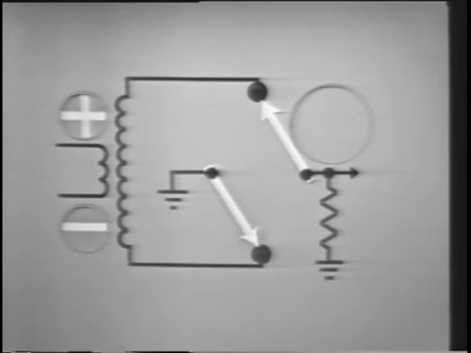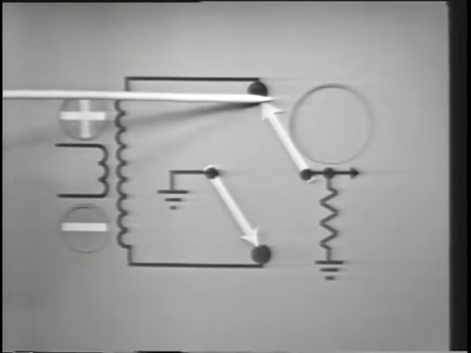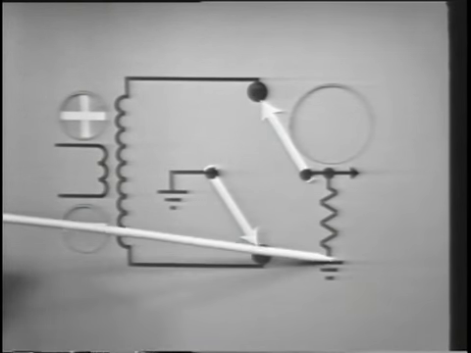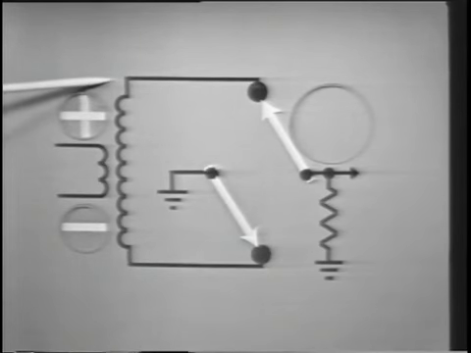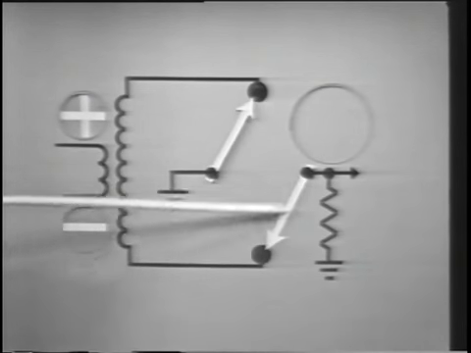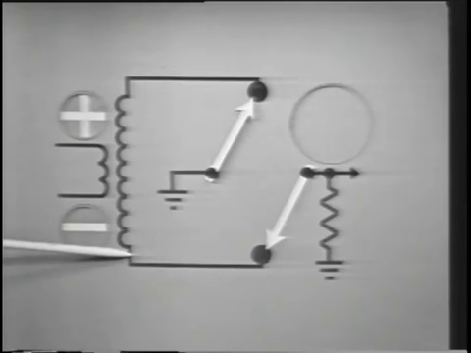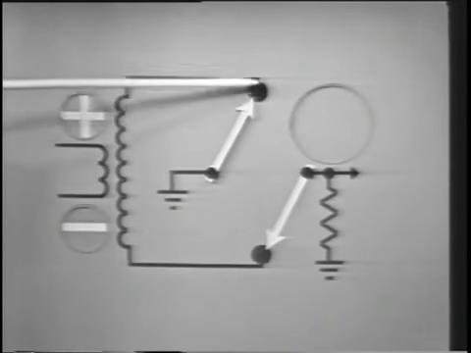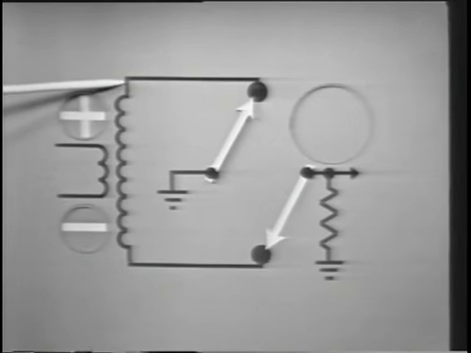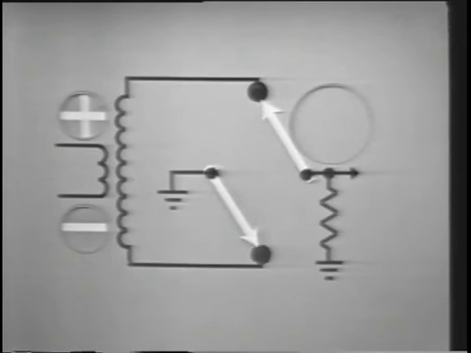Here's a mock-up that will give you a little better understanding of how this occurs. Actually, there are 2 switching actions that occur on each alternation of the input. This switch changes the load connections from the top of the secondary to the bottom of the secondary. And this switch connects the ground to the other end. As you can see, they work together.